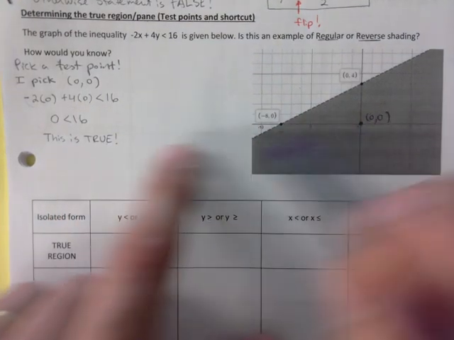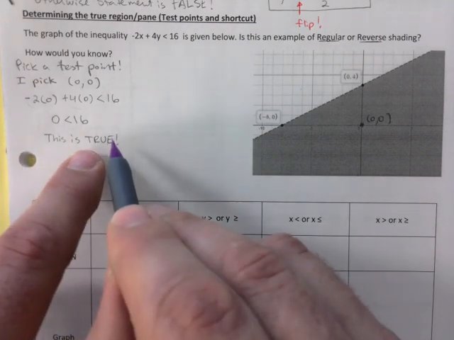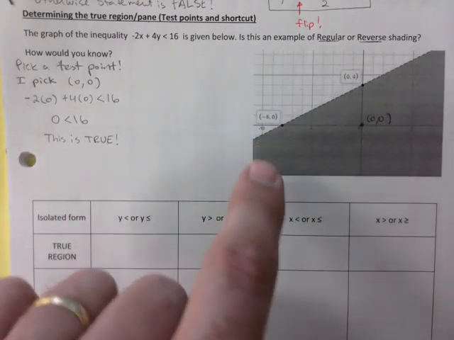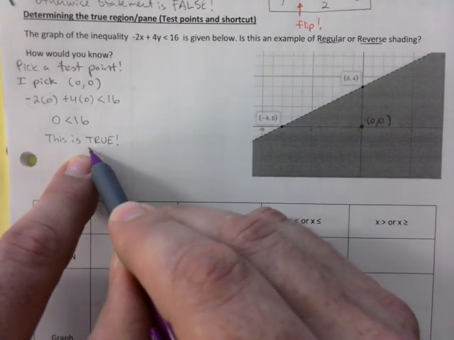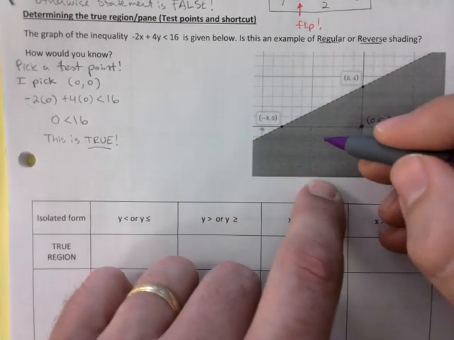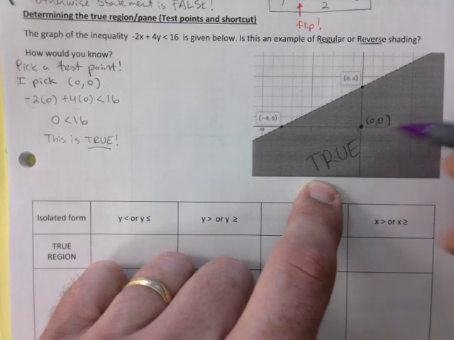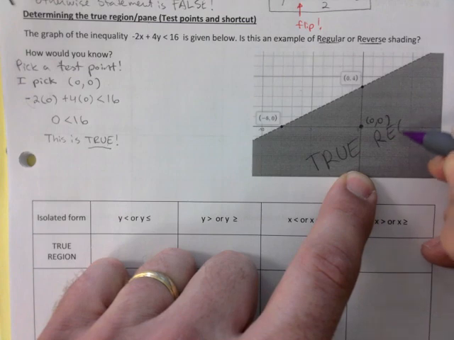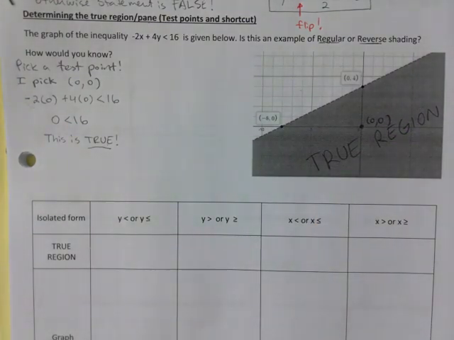If this had been false, like if plugging in the 0, 0 would have resulted in false, we would have said, okay, this whole region is false, right? But because it's true, we conclude that, let's make it nice and big here, true region. True region.